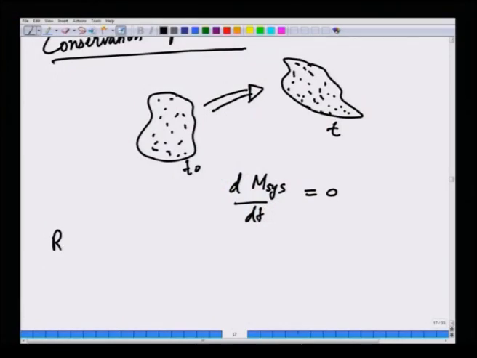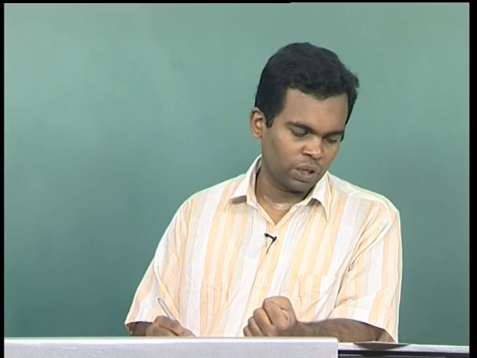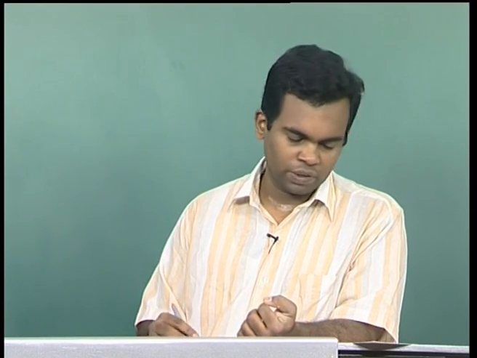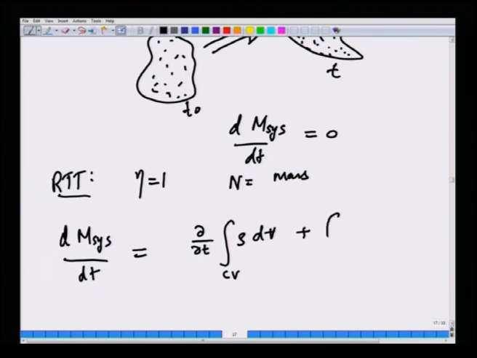Now, we will use Reynolds transport theorem with eta equals 1, because N is the mass that is present in the system, so mass divided by mass becomes unity. Eta is any quantity per unit mass. So, the rate of change of mass of the system per unit time from Reynolds transport theorem has two contributions. One is the volumetric contribution, integral over CV of rho dV, plus the surface contribution, integral over CS of rho V dot dA.